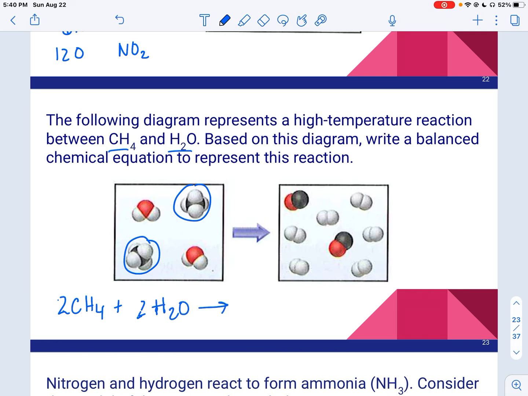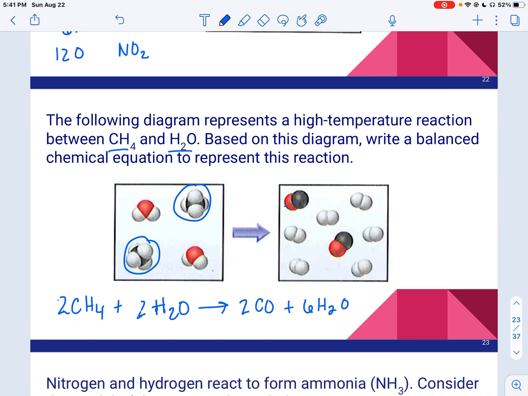And then our products on the other side, we can see we have CO, 2 of them. And then we have H2, and we have 6 of those. So this is not wrong. It's just also not fully correct.